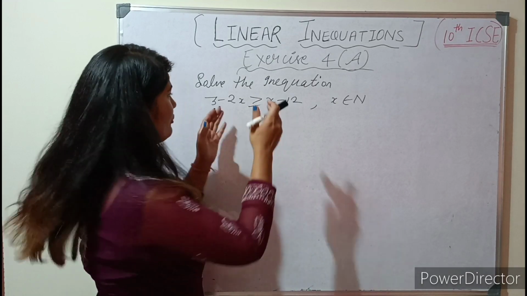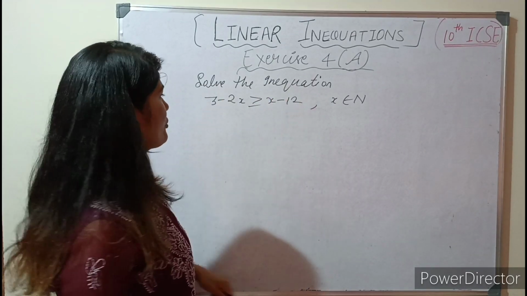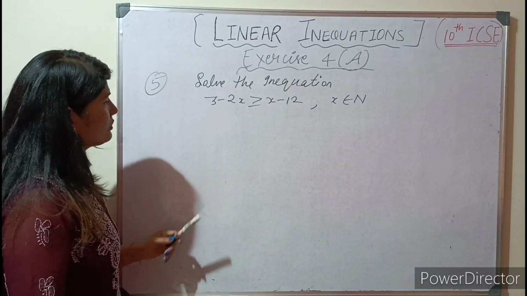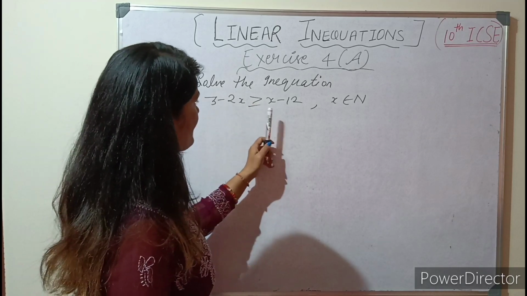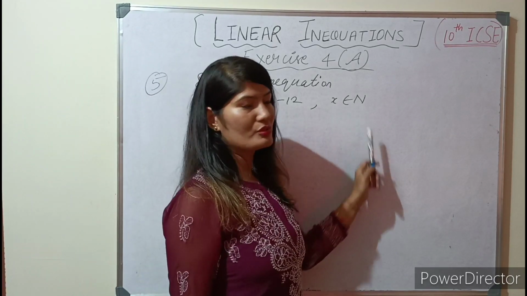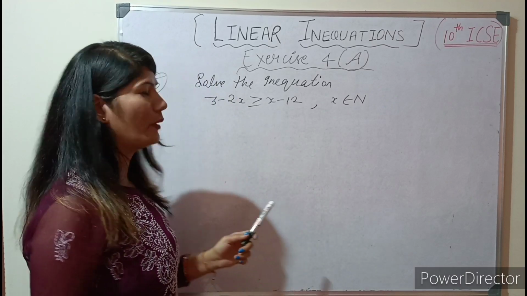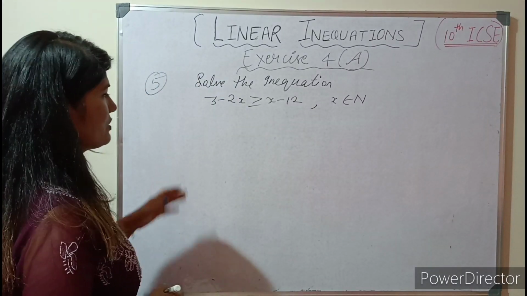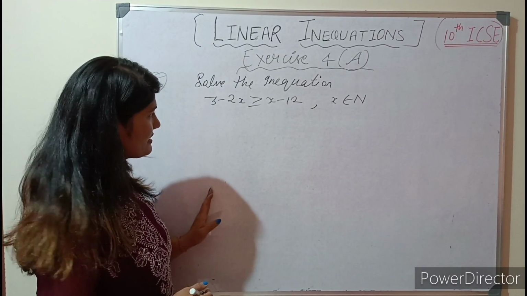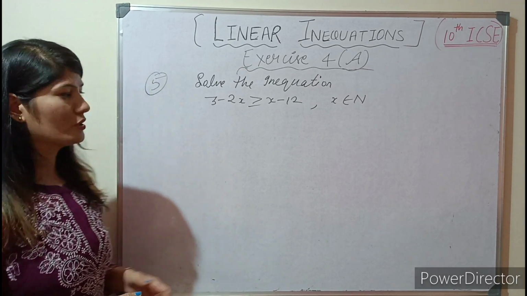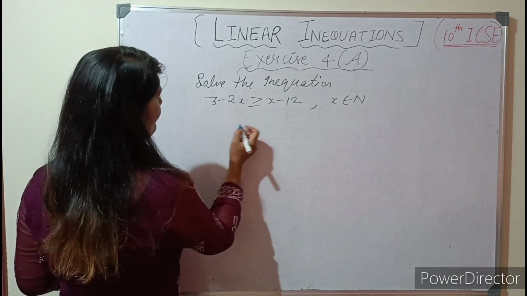Now moving to question number 5. Solve the inequation. 3 minus 2x is greater or equals to x minus 12, and here x belongs to N, and here N is natural numbers. So again in this case, first of all you have to find the value of x, and after that you have to find the solution set. So let's start.